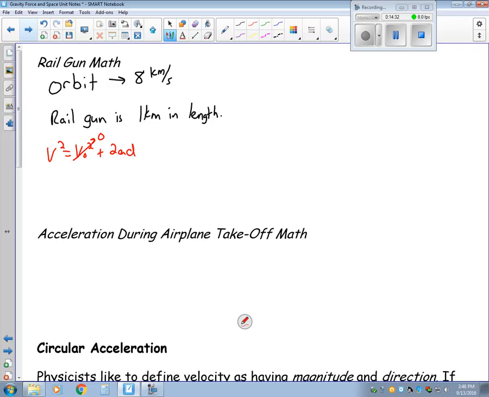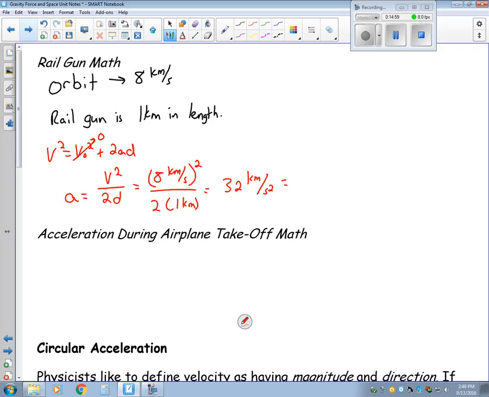So the acceleration would equal v squared divided by 2d. And this gives us an acceleration of 32 kilometers per second squared.